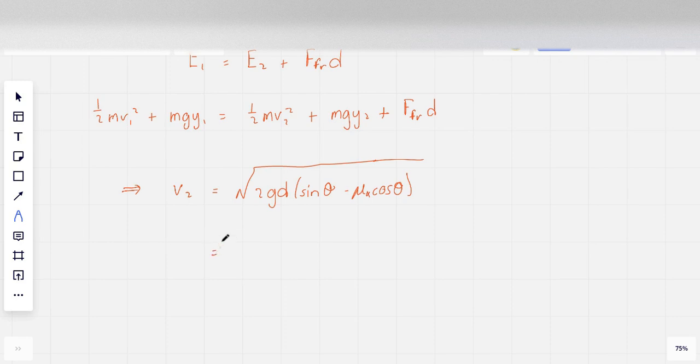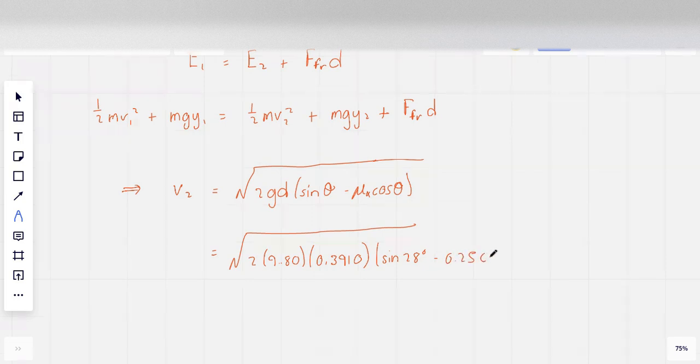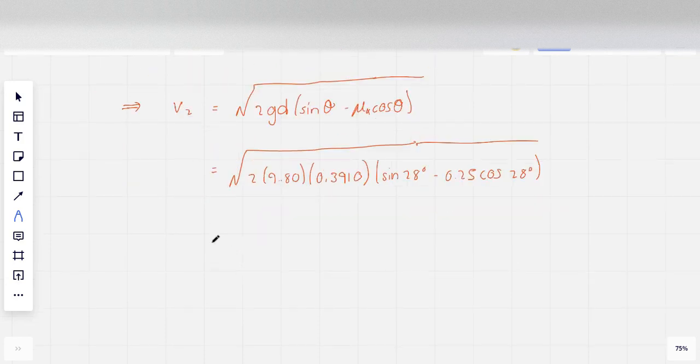And so now we can put our values into this, and this is the square root of 2 times 9.8 meters per square second, let's suppress the units here, times d, which is 0.3910, times the sine of 28 degrees minus 0.25 cosine 28 degrees. And so we get the final velocity when the sled reaches its position at the bottom of the hill to be 1.4 meters per second.